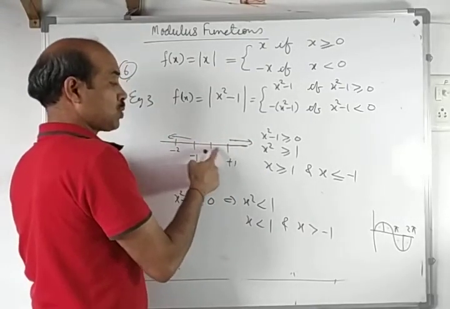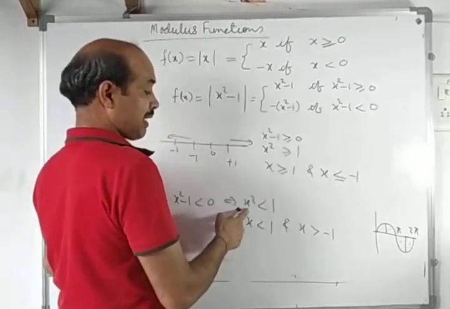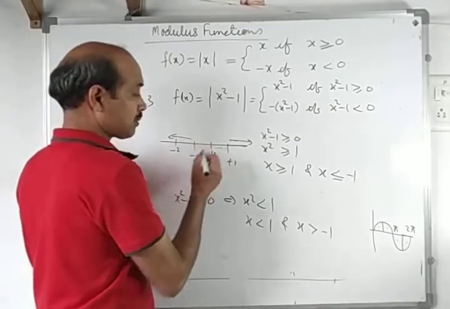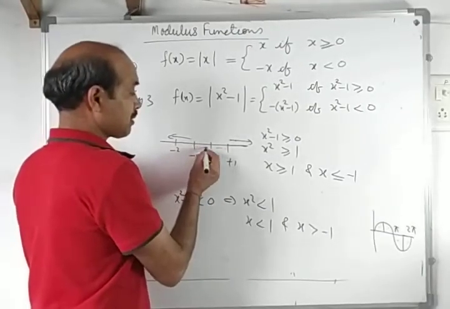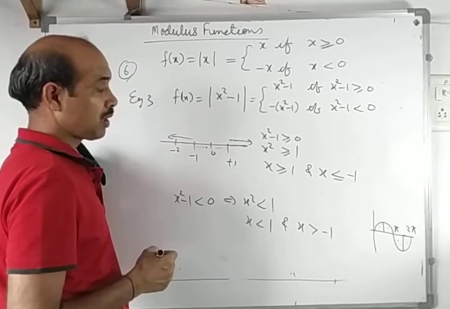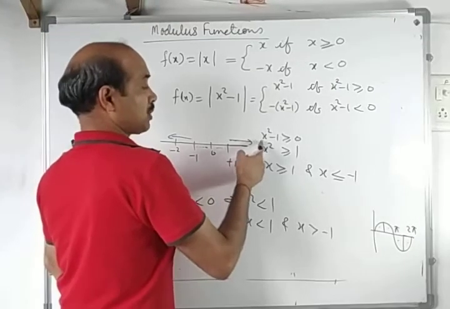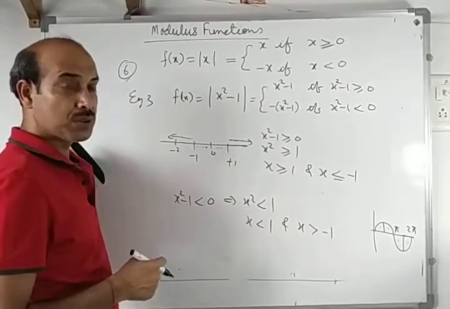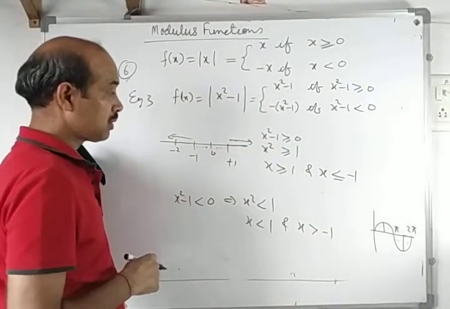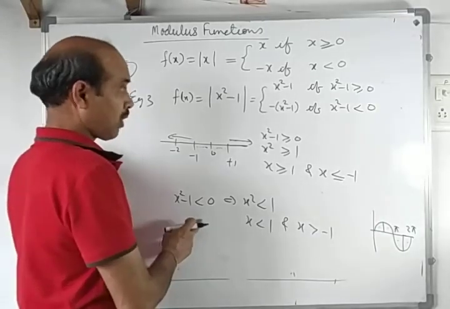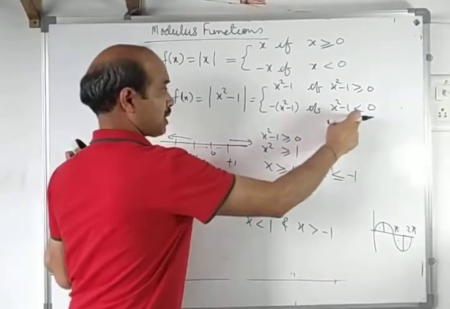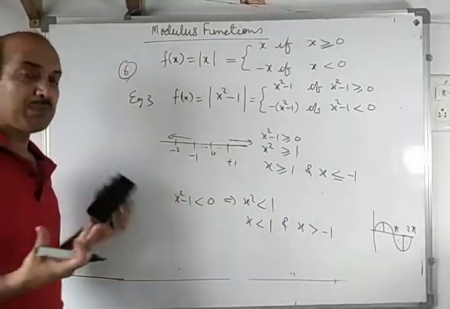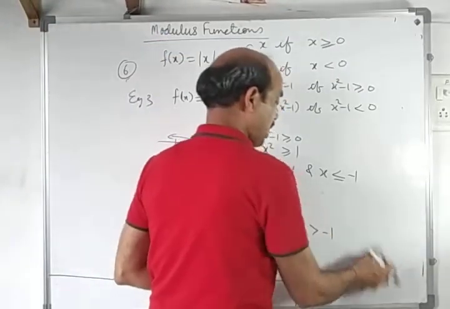So the rest, these two intervals, are saying x less than 1 and greater than minus 1. And if you put x equal to 0, you can see for 0 it is coming negative. So 0 is also included. This is for x square minus 1 less than 0, and this one is for greater than 0. Likewise, you can make the intervals for any modulus function.